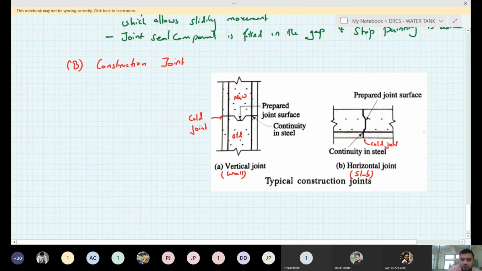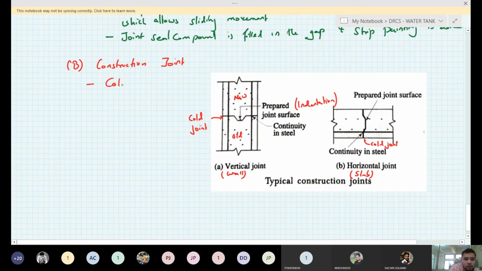So some indentations are done. See, some zigzag form of indentations are done so that the new concrete gets inside the indentations.